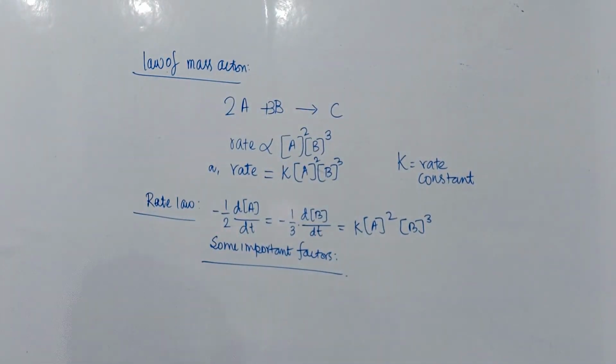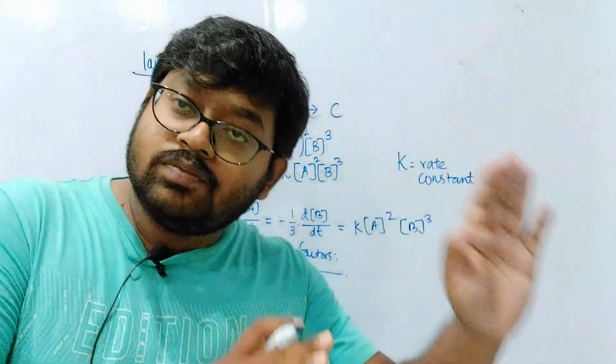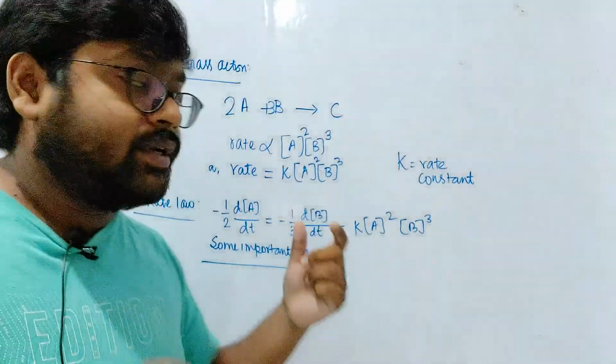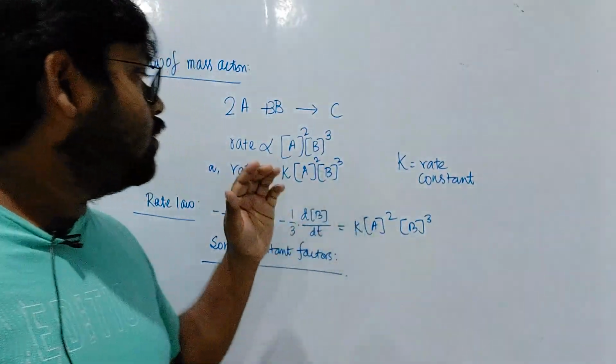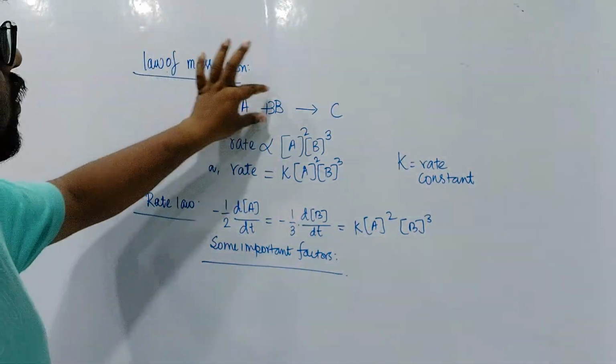Very important factors, let's discuss. The number one factor is that the rate law is basically deduced experimentally. So we have written this, and while writing this, we have used these numbers.